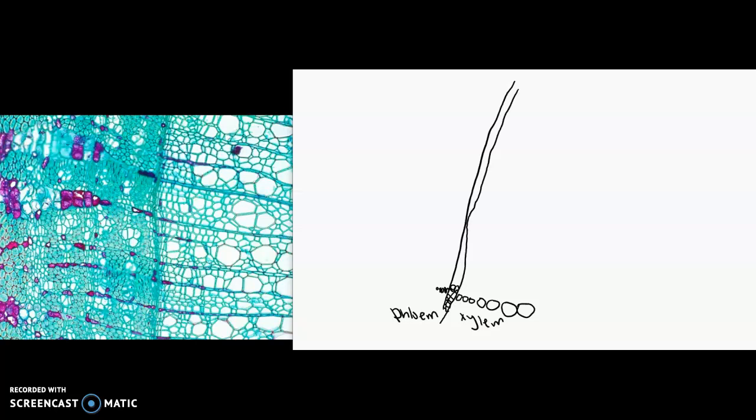But the vascular cambium itself is going to be divided into two sections. So if it's producing xylem and phloem, then that region is called the fusiform initials, for face, because it faces our vascular tissue.